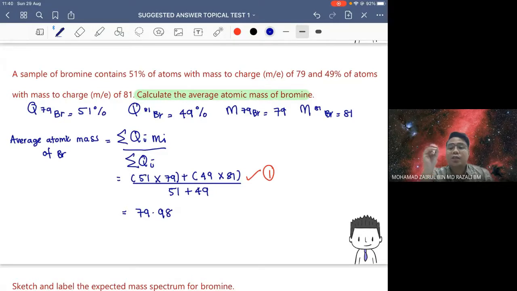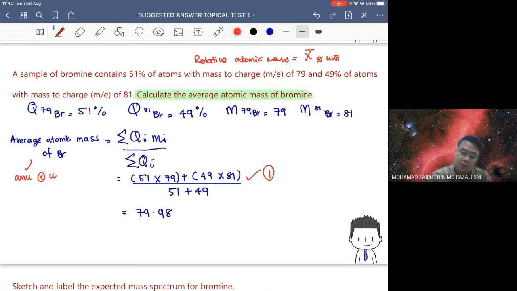So average atomic mass, dia ada unit. The unit for average atomic mass can be either AMU ataupun U. For relative atomic mass ataupun relative molecular mass, dia tak ada unit.